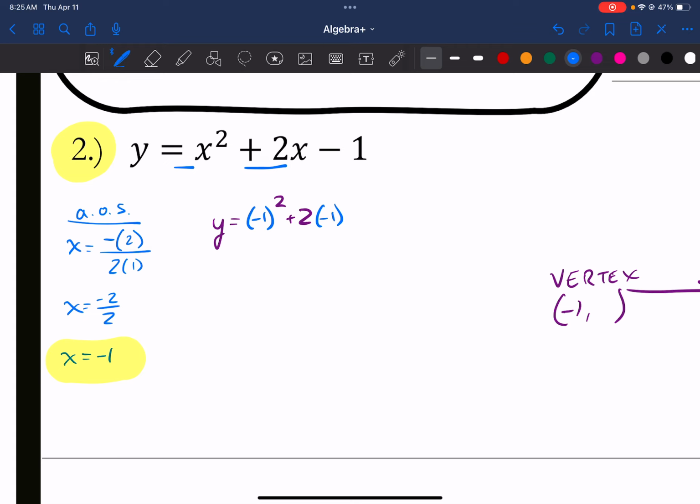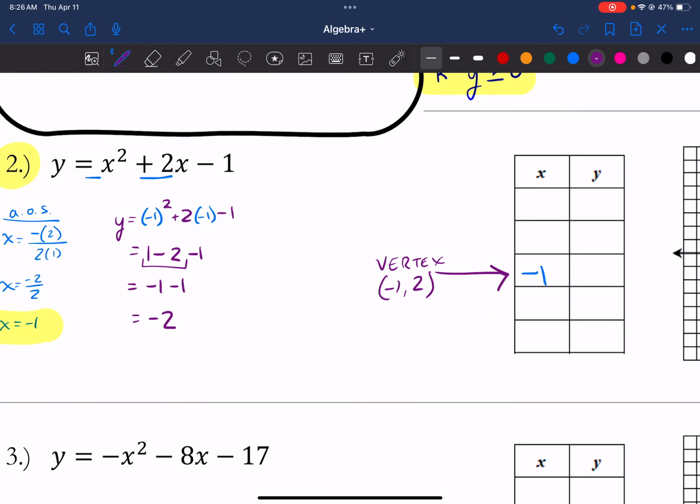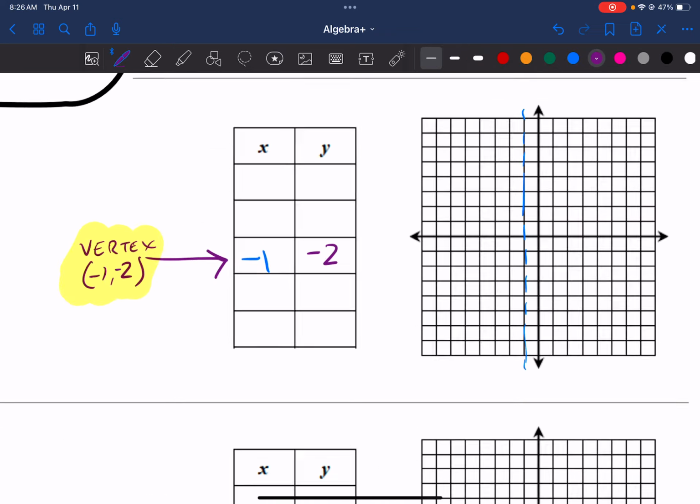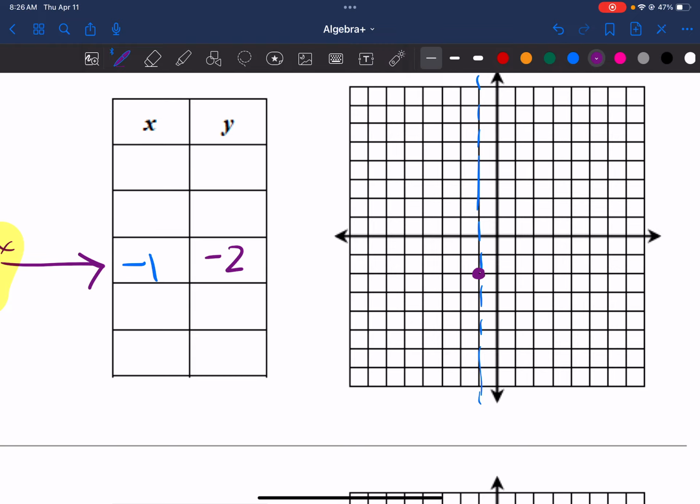Make sure you put those parentheses so you do not make an error. So I get 1 minus 2 minus 1, which gives me negative 1 minus 1, which gives me a negative 2. That means my vertex, oops, I put 2, is negative 2. I can plot this point, negative 1 comma negative 2, here.